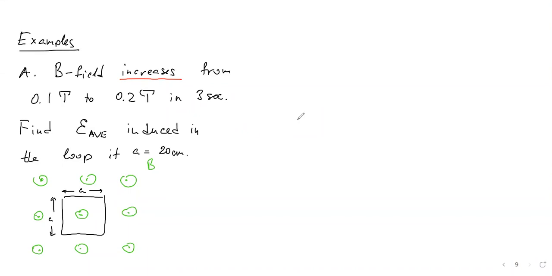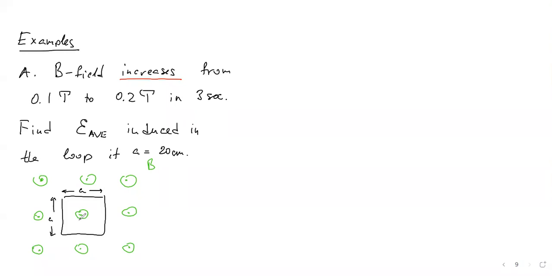But we can start with the direction. What will be the direction, by the way? What should be the direction of the induced magnetic field? Should be in. Why? Because the external field is out, so it's fighting. And it's not only out, it's also increasing.